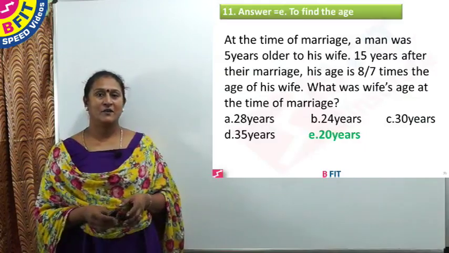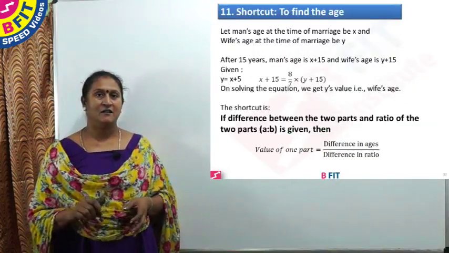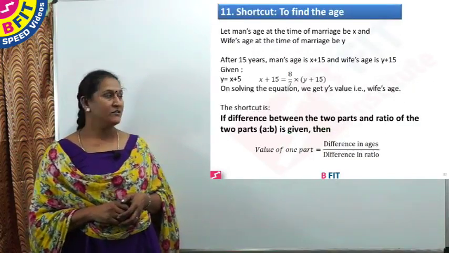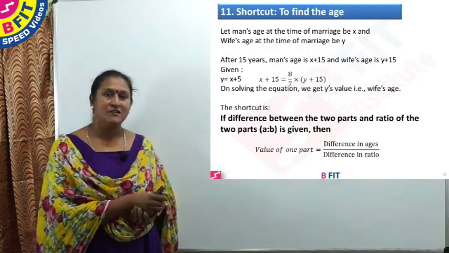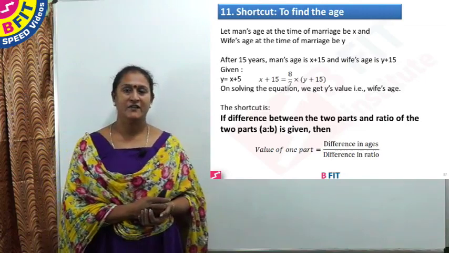And the answer for question number 11 is option E, 20 years. The shortcut here is, instead of doing all this working, just find the value of one part, which is equal to the difference by the difference in ratio.